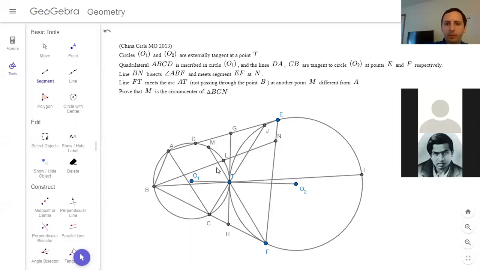Basically, we want to show that the excenter of ABC lies on EF, right? So what if I extend AB to meet EF at a point? Then by the angle bisector theorem, if we drew the angle, I'm just thinking about this.